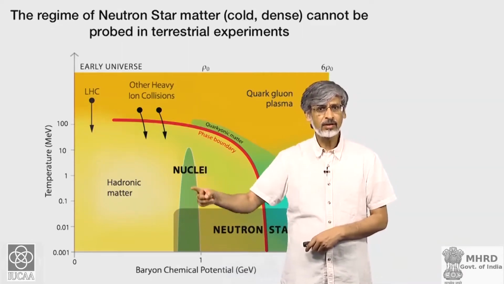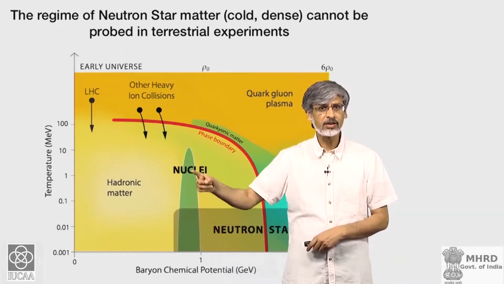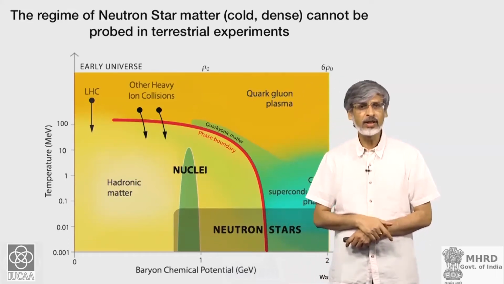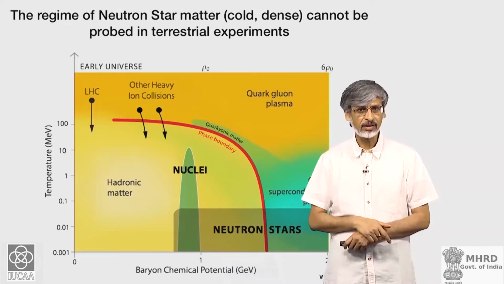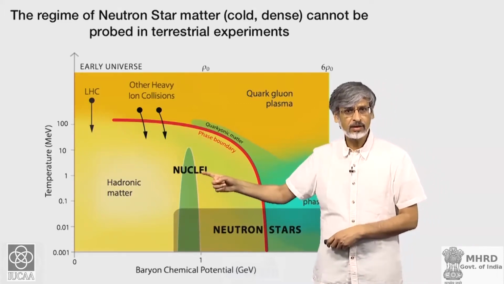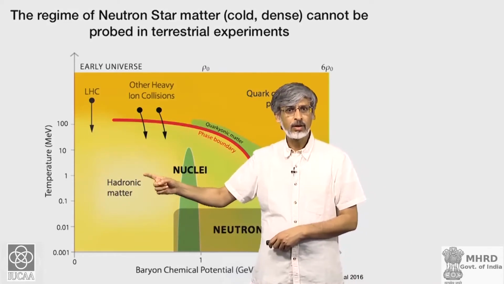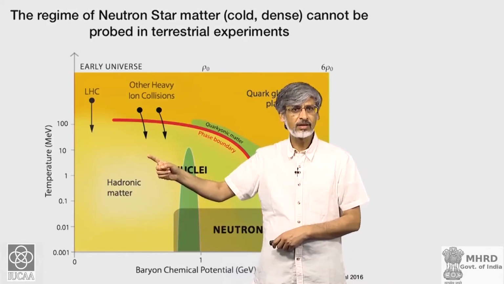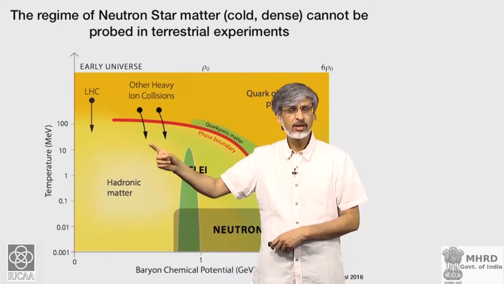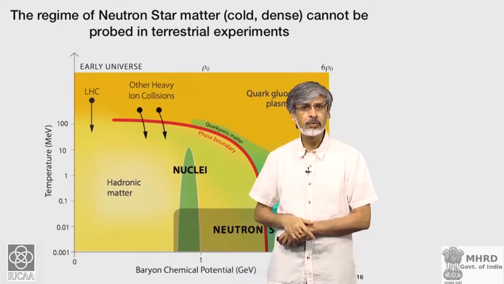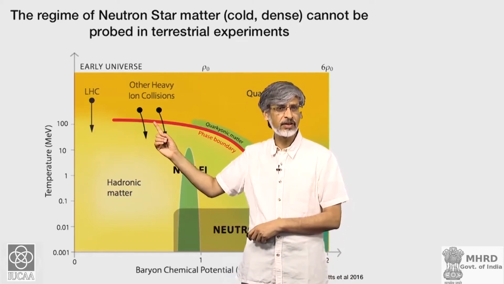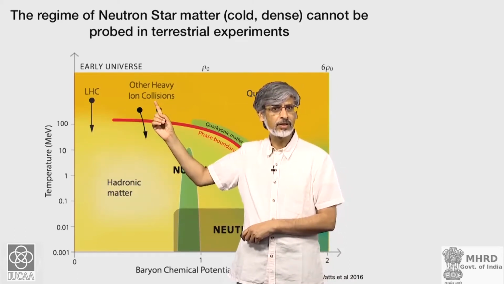So, a certain range of baryon chemical potentials are covered by the nuclei that we can measure and test in the laboratory. Then at lower chemical potentials and higher temperatures, we have experiments which one can do based on colliders, accelerators like heavy ion colliders and so on.